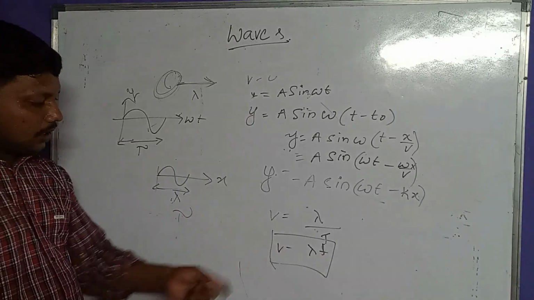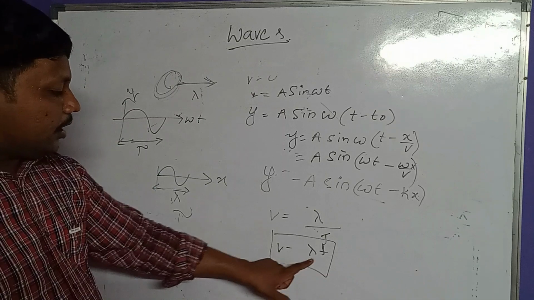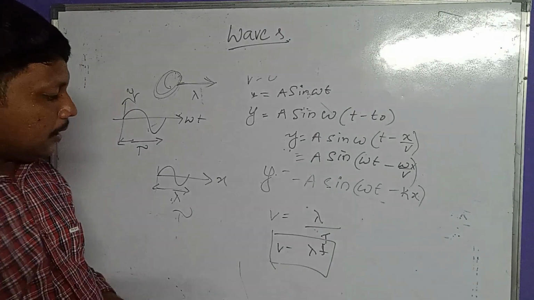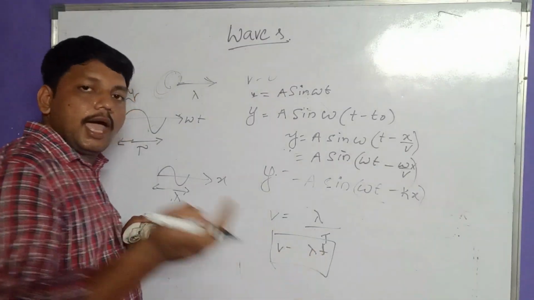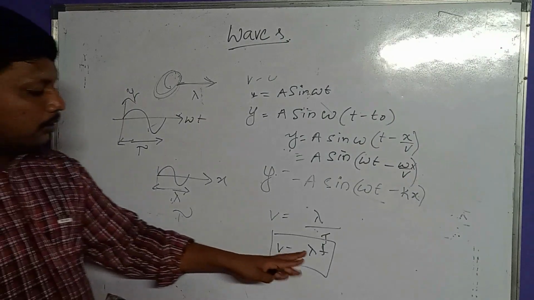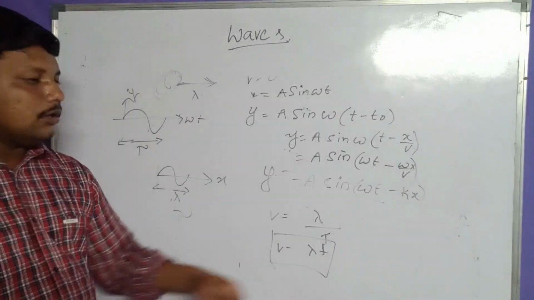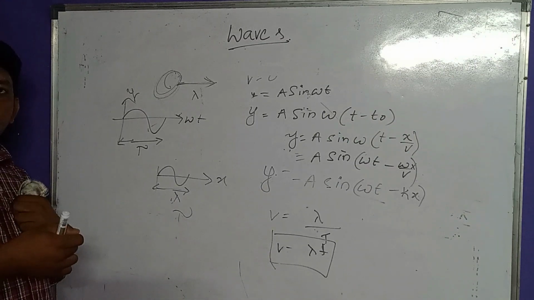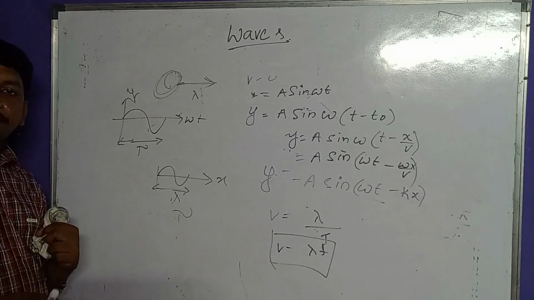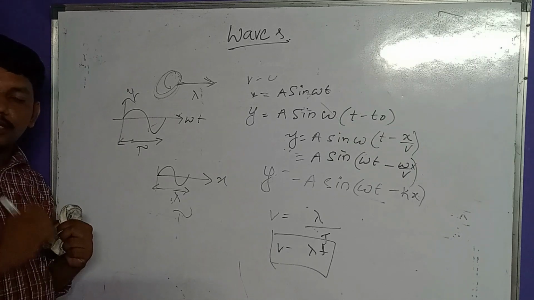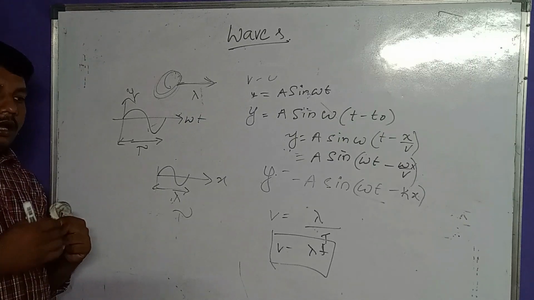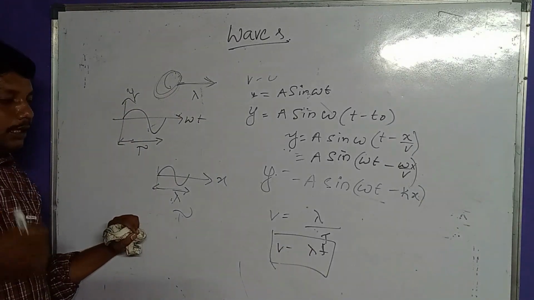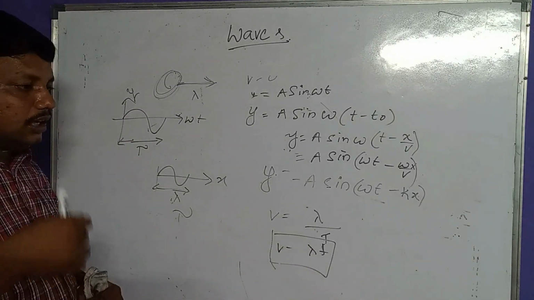How can we change the velocity of the wave? Not by changing frequency, but by changing lambda. This frequency is in the hands of the creator of the wave. If I vibrate a stretched string, I am the creator of waves in the stretched string. How fast I am oscillating that stretched string decides the frequency, depending upon my shaking of the string.